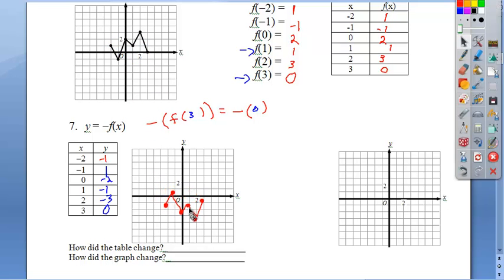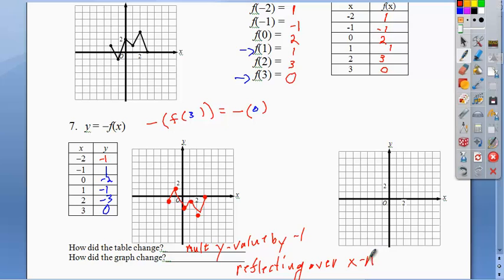So this is just a reflection over, now let me put this in here correctly, there we go. So this is just a reflection over the x-axis. Anytime you see something like this, we know that the table changed by multiplying our y values by negative 1, and the graph changed by reflecting over the x-axis in this case.